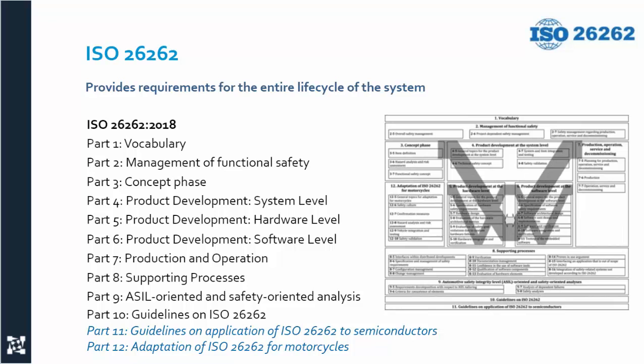Part 11 is the adaptation of functional safety guidelines for semiconductors for automotive. It offers guidance and information to semiconductor manufacturers on how to develop IP compliant to the standard. It helps incorporate functional safety because users of semiconductors may not know how to use the semiconductor safely.